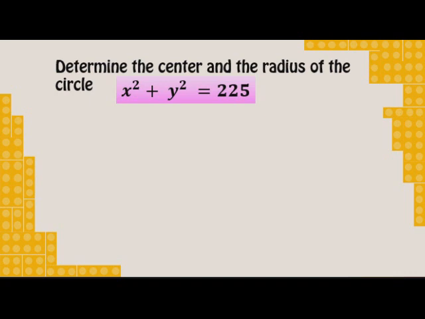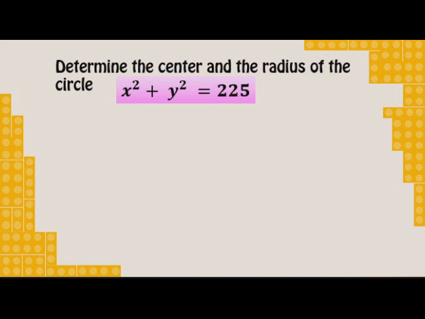Let's have this first example. Determine the center and radius of the circle x squared plus y squared equals 225. This is already in standard form because the right side is 225, which is not equal to 0.